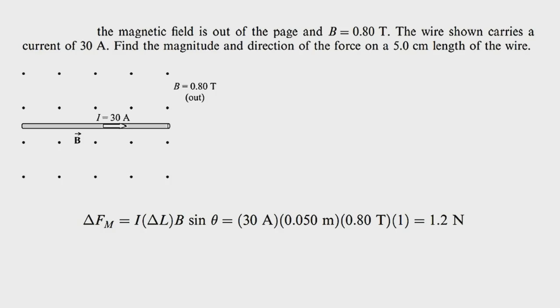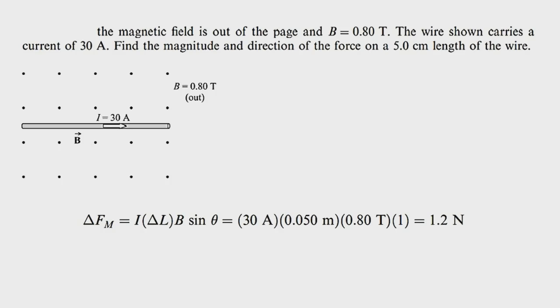Therefore, the formula to be used is delta F sub m is equal to I times delta L for a short piece of wire, multiplied by B times sine theta.